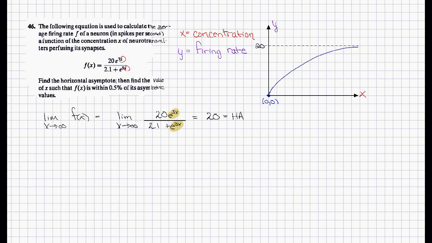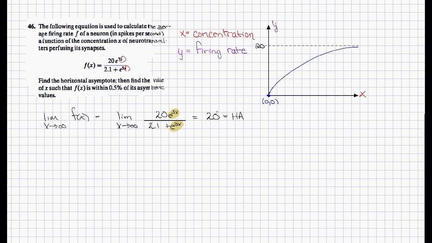Your nerves have a certain threshold that they cannot go past, so no matter how much concentration you have, it can't work any harder. And that's what this function is explaining. This function is explaining the work that your neurons are putting into synapsing dependent on how much neurotransmitter you have.